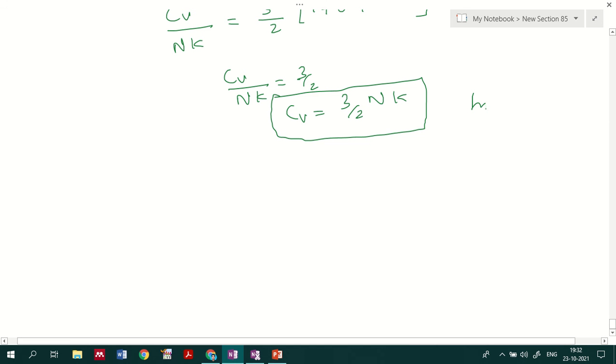Better to write it as at a high temperature. And what will be the scenario for low temperature? That is the thing we will be evaluating at a lower temperature.